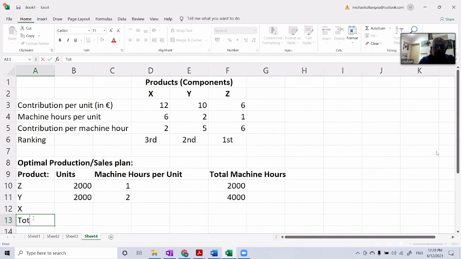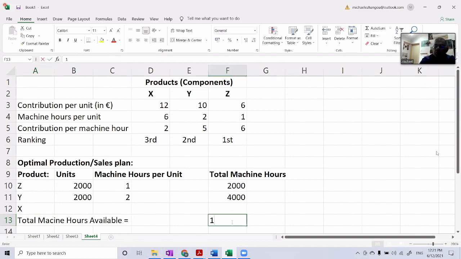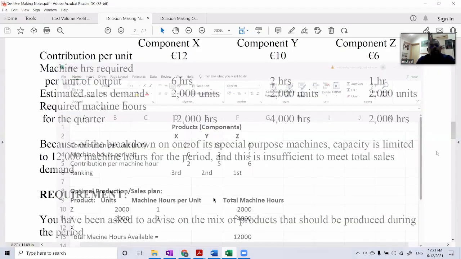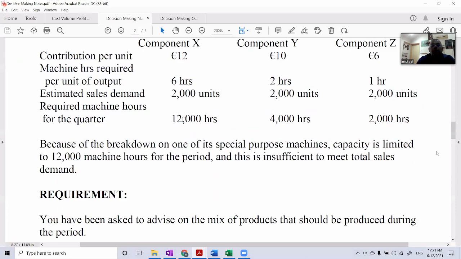Now, total machine hours available is 12,000. According to the question, I need 18,000. Required machine hours, 12 plus 4, 16 plus 2 is 18,000, but I only have 12,000. So there is a limiting factor there.